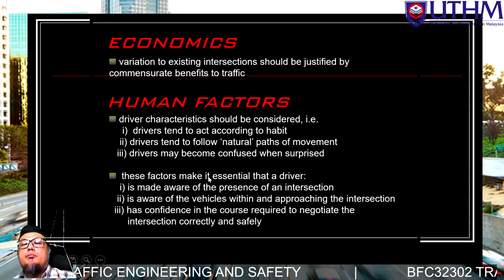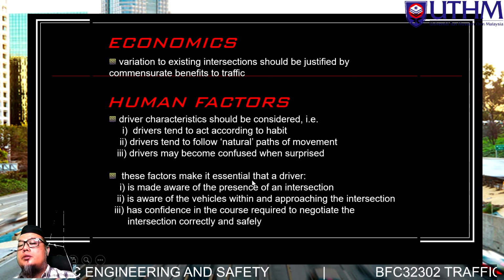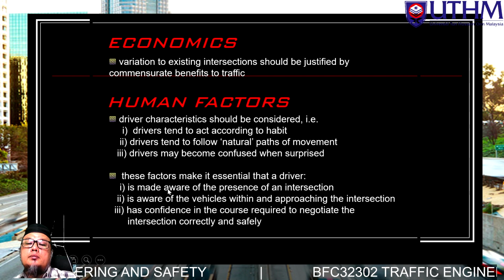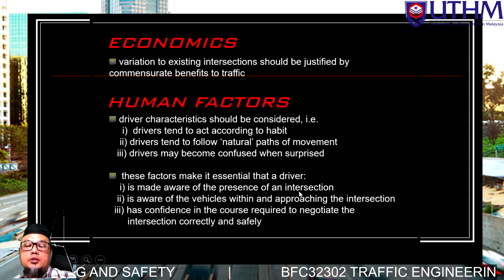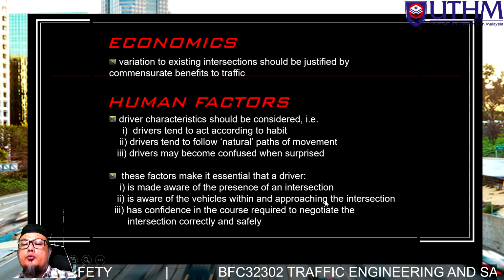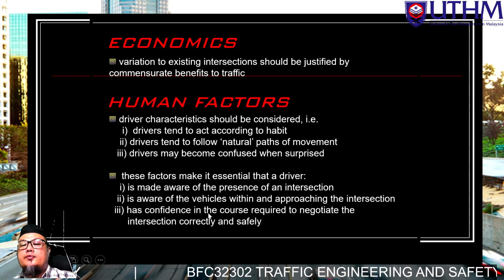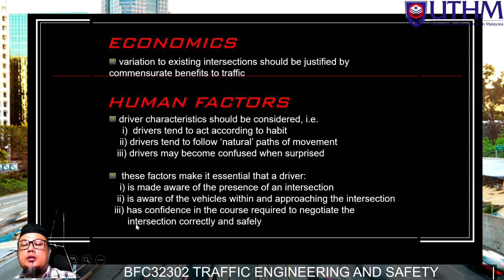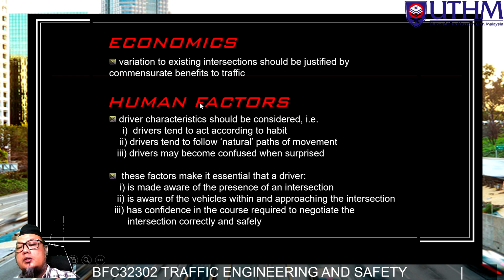This factor makes it essential that the driver is made aware of the presence of the intersection, is aware of vehicles within and approaching the intersection, and has confidence in the course required to negotiate the intersection correctly and safely.